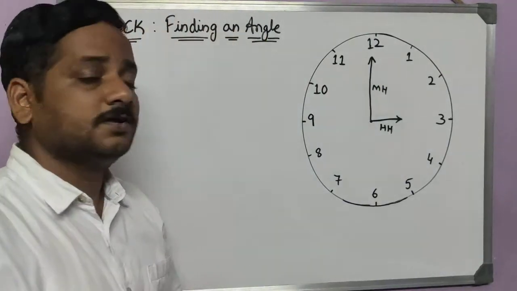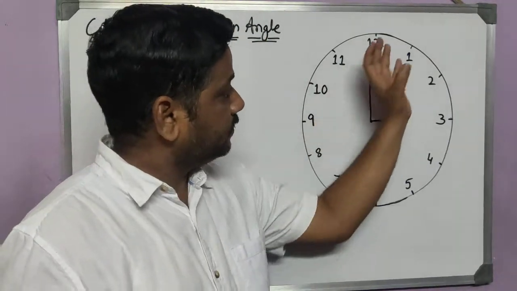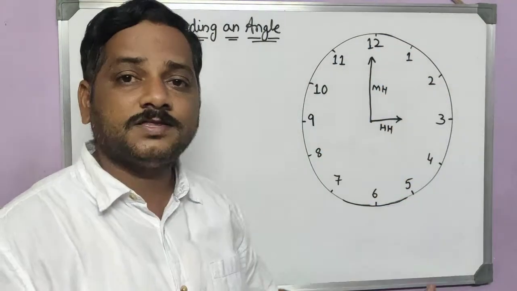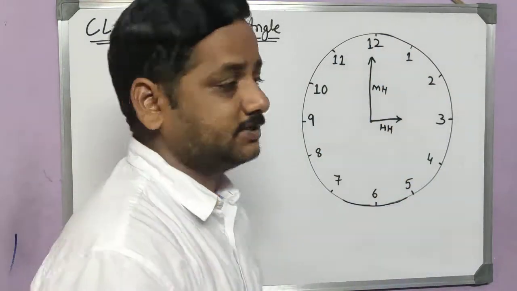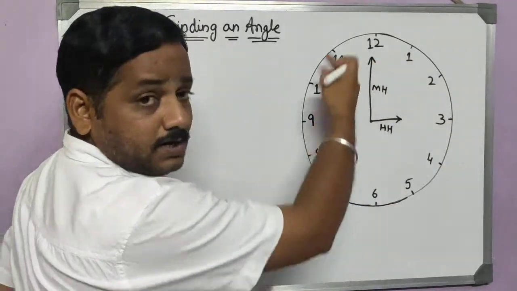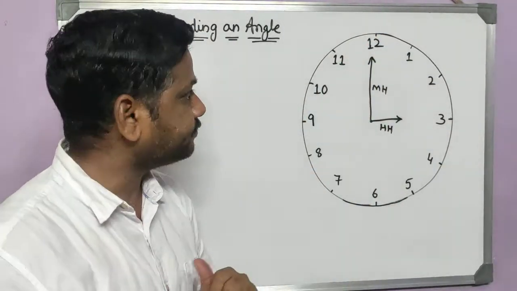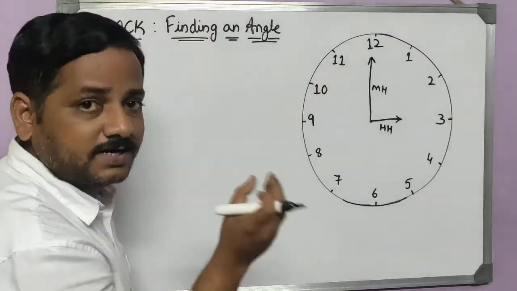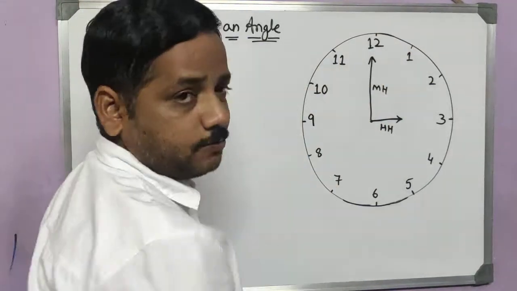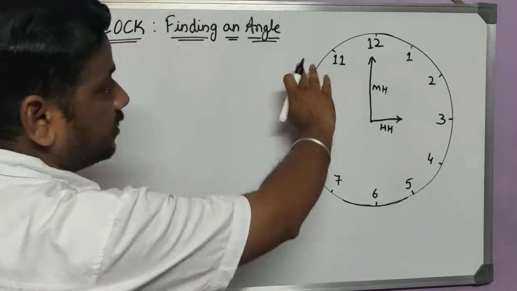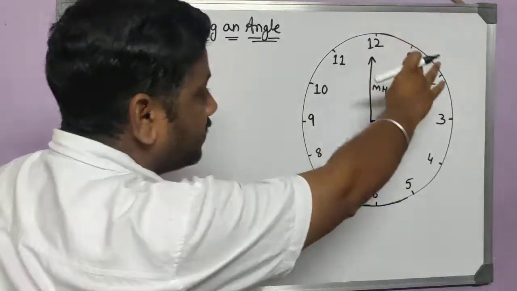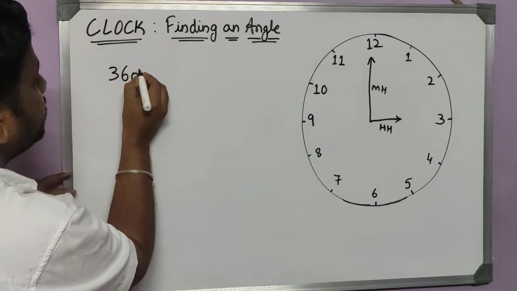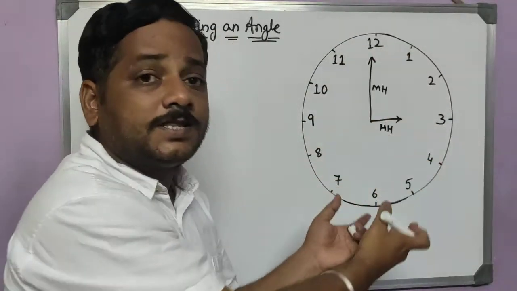Now we know that this is 360 degrees, and the clock is split into 12 sectors, 1 to 12. What will be the angle of each sector? The minute hand and hour hand have to rotate 360 degrees, and we have 12 sectors.